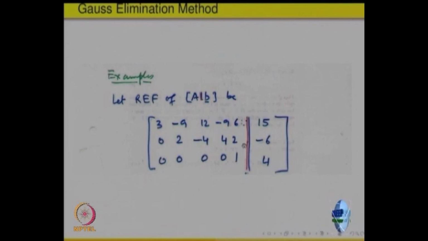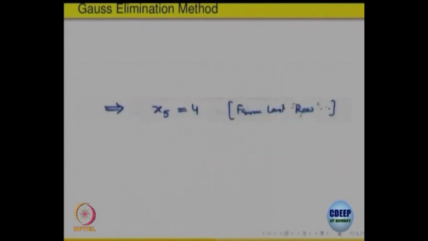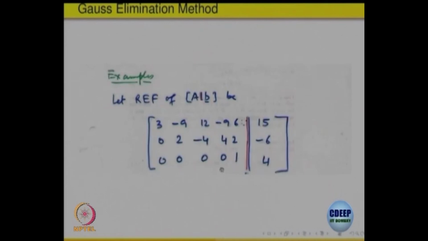So, how many variables are getting arbitrary values? We gave arbitrary values to x 3, oh sorry, we gave arbitrary values to x 3 and we gave arbitrary value to x 4, x 5 was already determined. So, your general solution, right, will be determined by giving arbitrary values to x 3 and x 4, and these two variables can get infinite number of values, right.